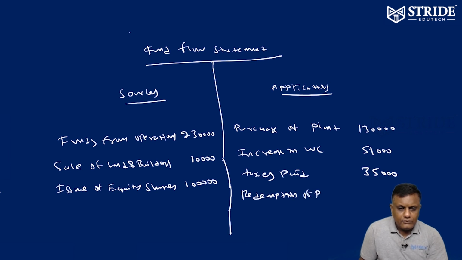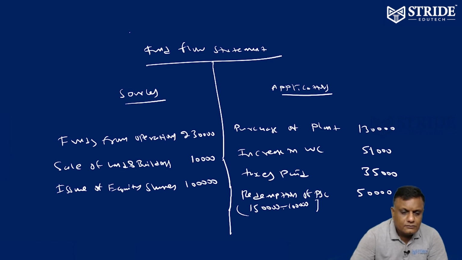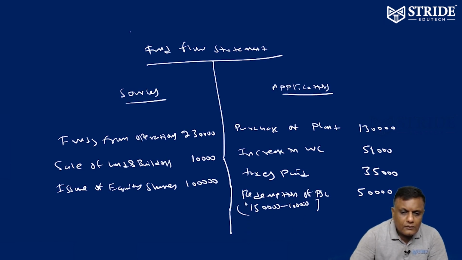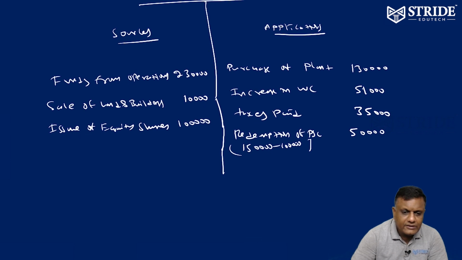Redemption of preference share capital. Preference share capital redeemed. Opening 1,50,000, closing 1 lakh, which means 50,000 redeemed.